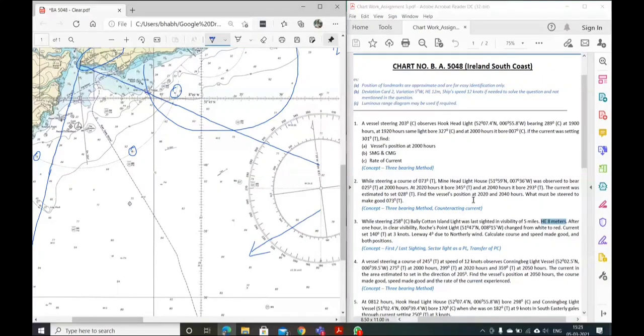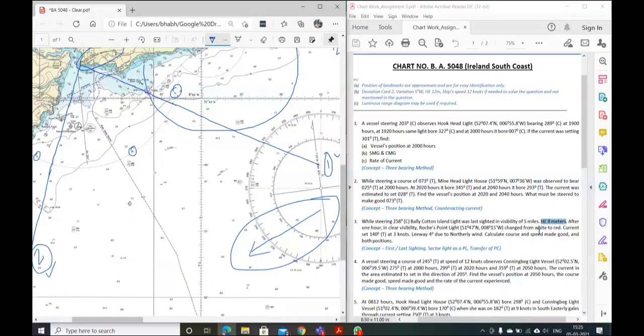The light changing from white to red will happen at which line? Line number 1 or line number 2? 2. So changing from white to red will happen at number 2. At number 1, if you are moving in this direction, the light will change from red to white.